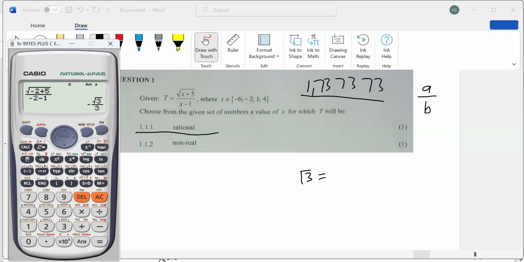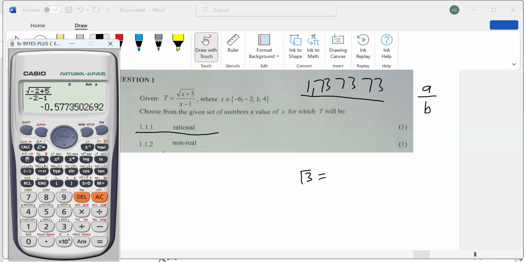You do get an answer, but it's not rational. Because if you look at the numbers here, the numbers are decimals which are not recurring, and they are also not terminating. This thing is going to go on forever, but it's not repeating itself. So -2 can't give us that.